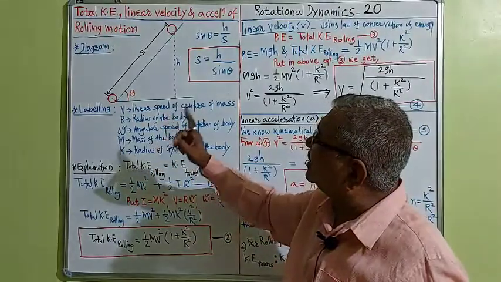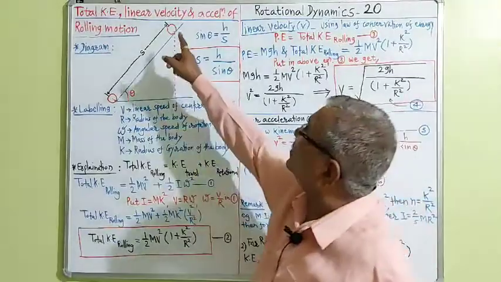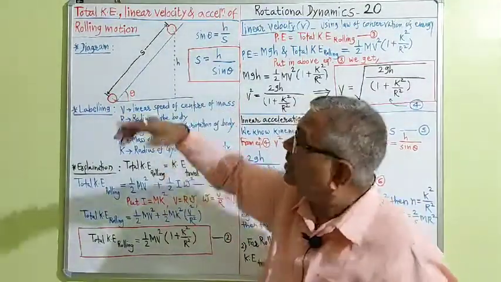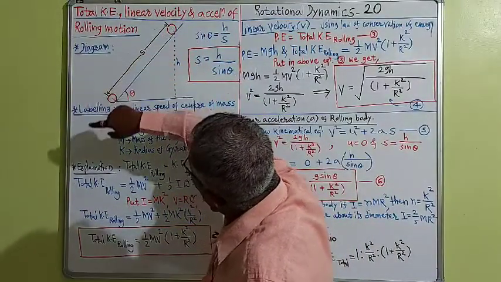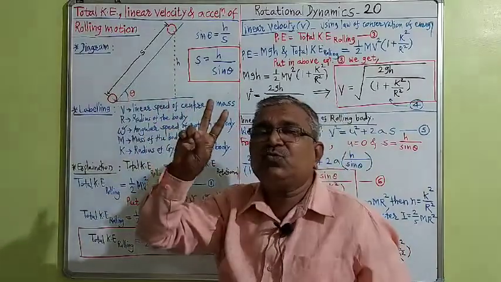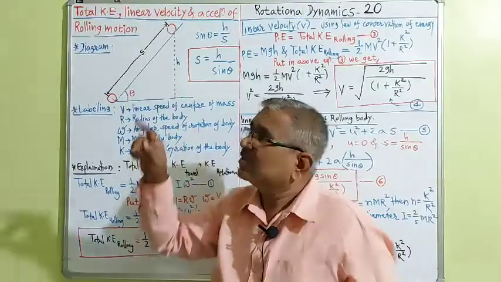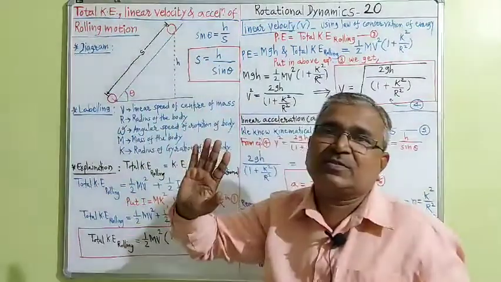Suppose v is the linear speed of the center of mass of this sphere, because the center of mass has linear speed. When it rolls down from top to bottom, at that time it has two types of motion. The first one is rotational motion as well as translational motion.